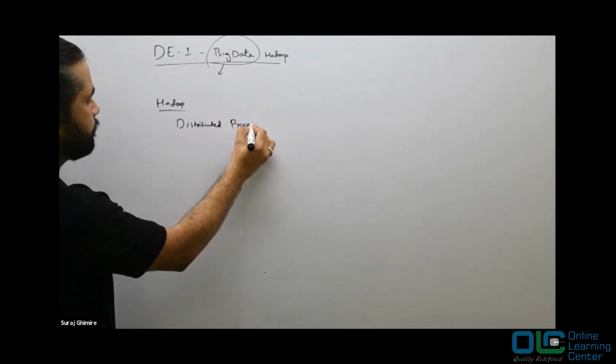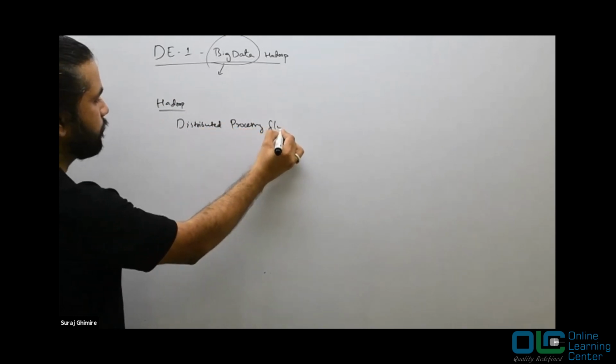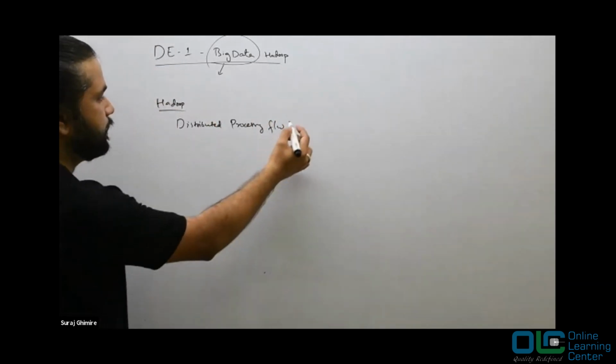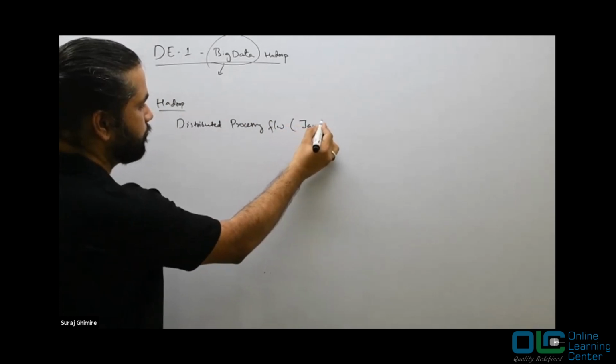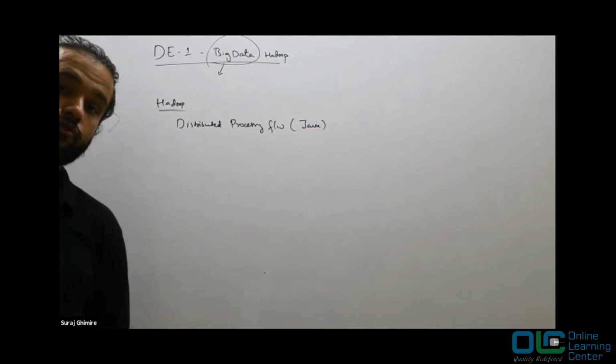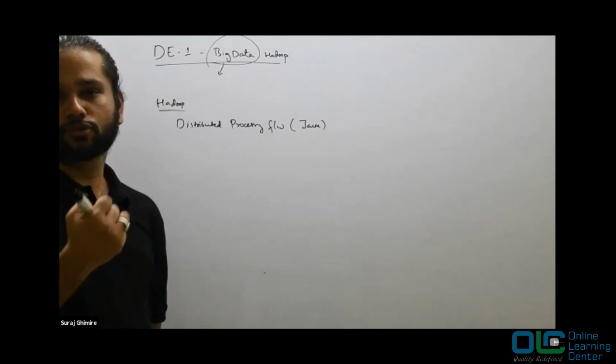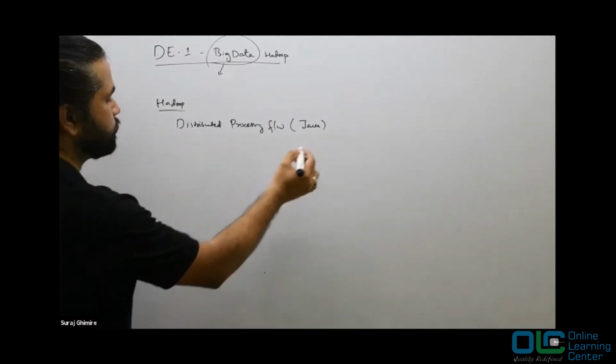Hadoop is basically a distributed processing framework, and it is implemented in Java. And it is open source, which means you can always go back and check the source code.